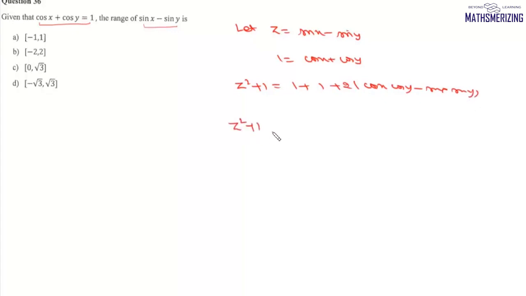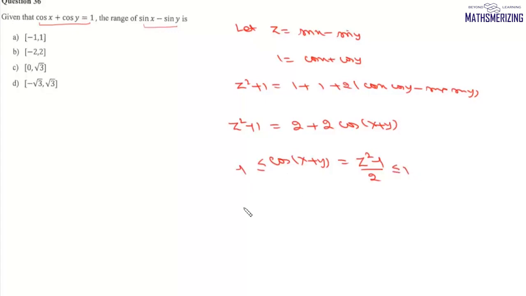So we can write z square plus 1 is 2 plus 2 cos of x plus y. So we can write cos of x plus y as z square minus 1 by 2, and we know that value of cos will lie between minus 1 and plus 1.